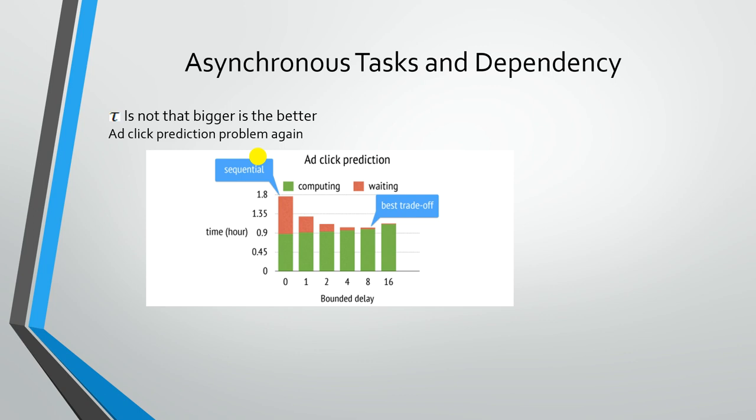Okay, next I'm going to explain the implementation of this. Here, if we compare two systems, A and B, with our parameter server, the parameter server is always the best here. The second one is the compute time.